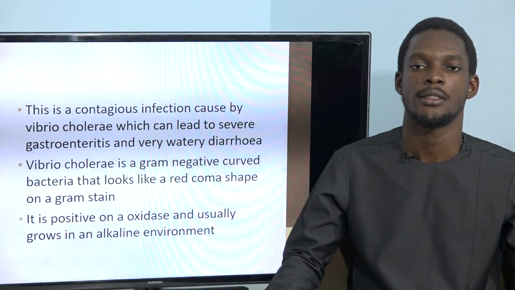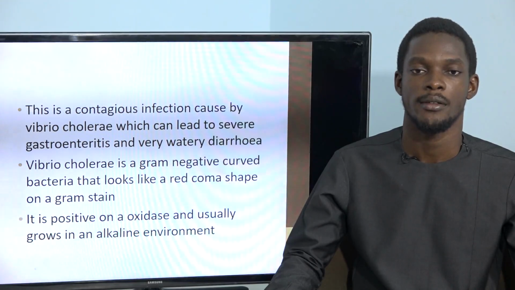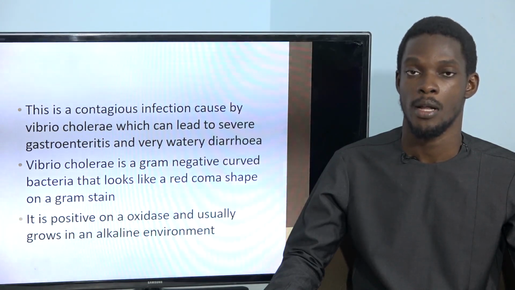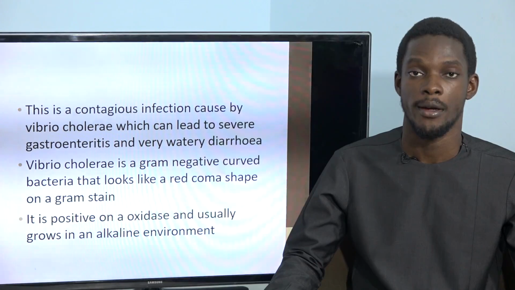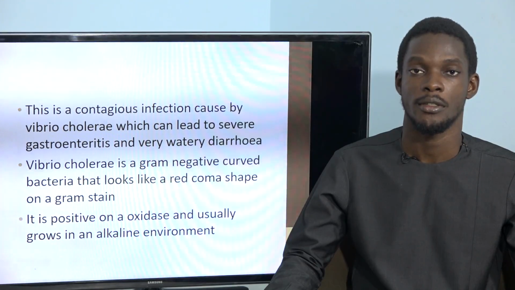Vibrio cholerae is a gram-negative curved bacteria, hence its name Vibrio, that looks like a red comma-shaped rod on a gram stain. You will come to learn about gram staining as you do microbiology. But Vibrio cholerae looks like a red comma when looked at on a gram stain.